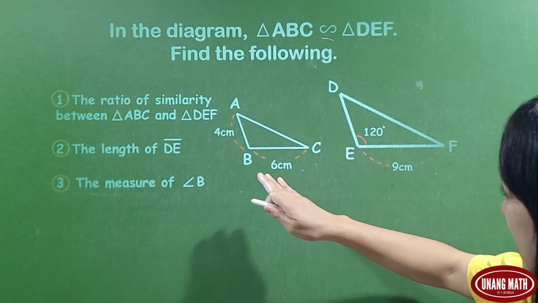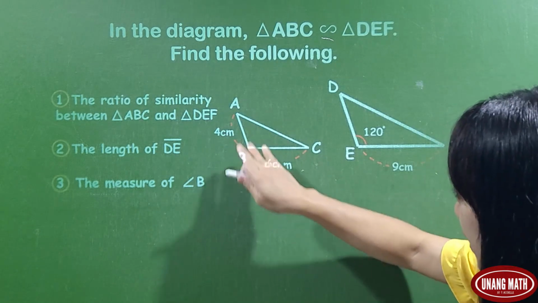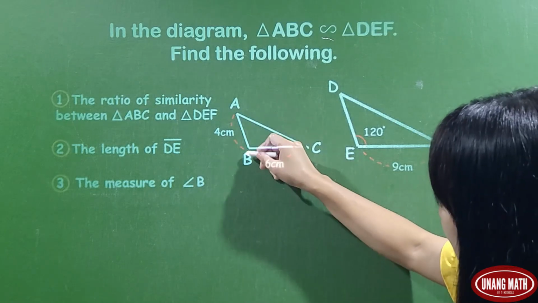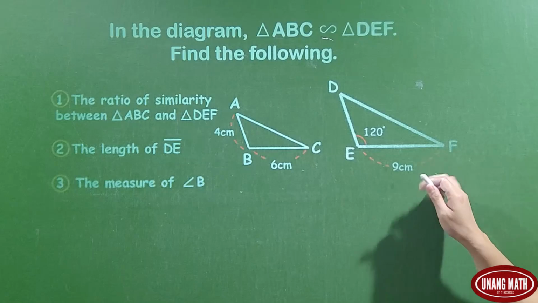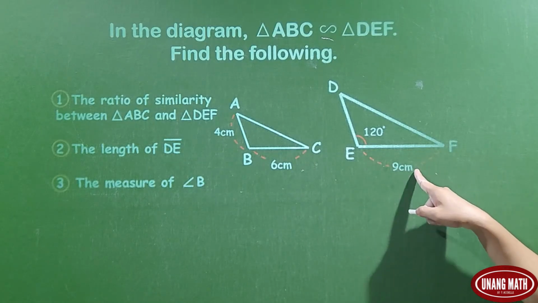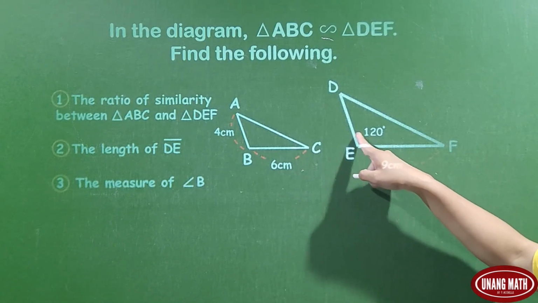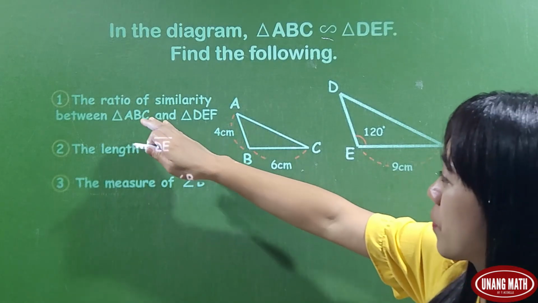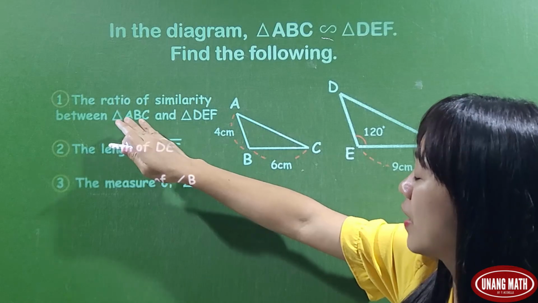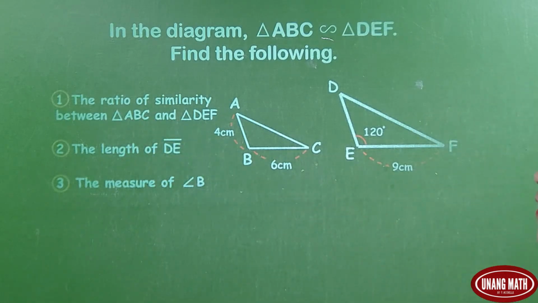In triangle ABC, this side is 4 centimeters, this one is 6 centimeters, and here is 9 centimeters, and then we have an angle given as 120 degrees.